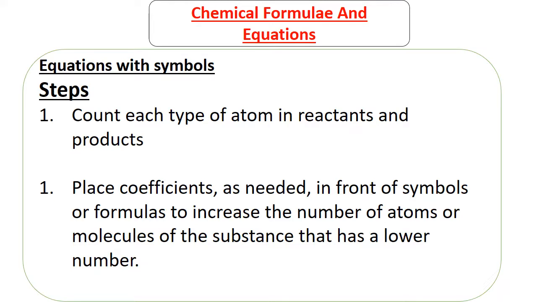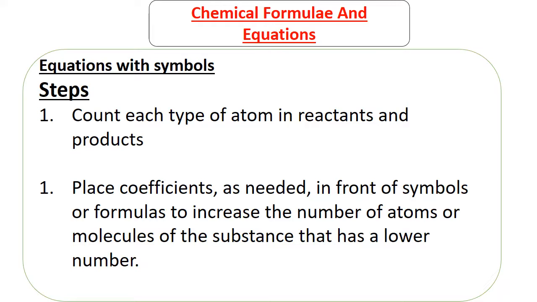So you usually concentrate on the oxygen on the side with fewer atoms. You add coefficients to elements or compounds where you want to increase the number of atoms. The coefficients are numbers in front of chemical symbols.